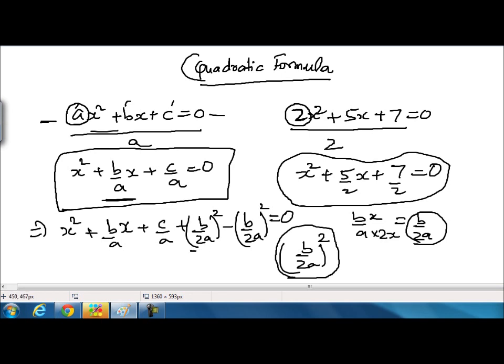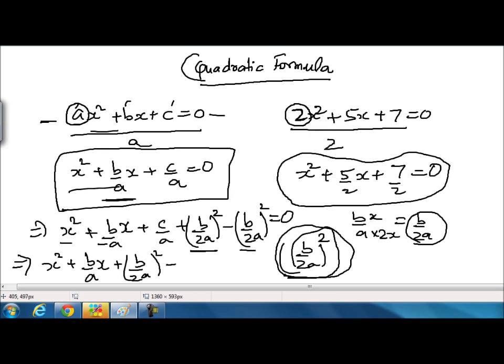So basically we have added and subtracted this constant term from the equation, and it doesn't make any difference to the equation. So I can now shuffle the terms. The very first two terms remain at their original location, and I can bring this term along with them: b divided by a x, b divided by 2a square, plus c divided by a minus b divided by 2a square is equal to 0.